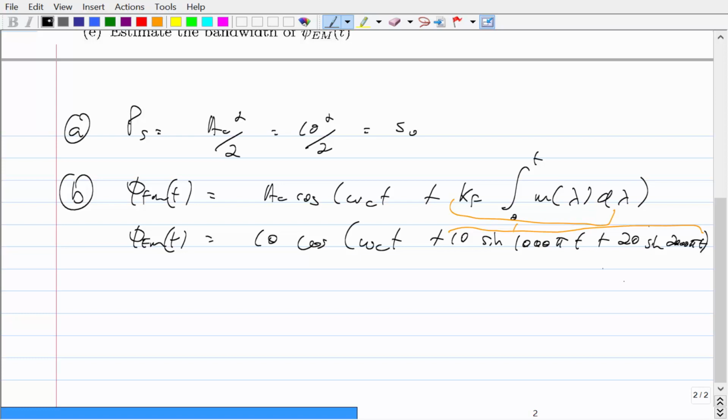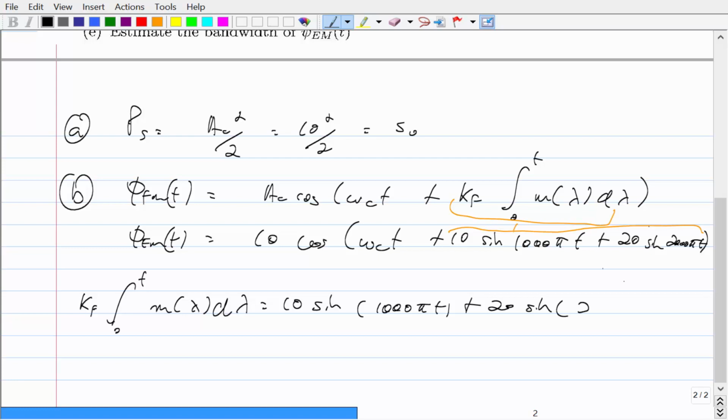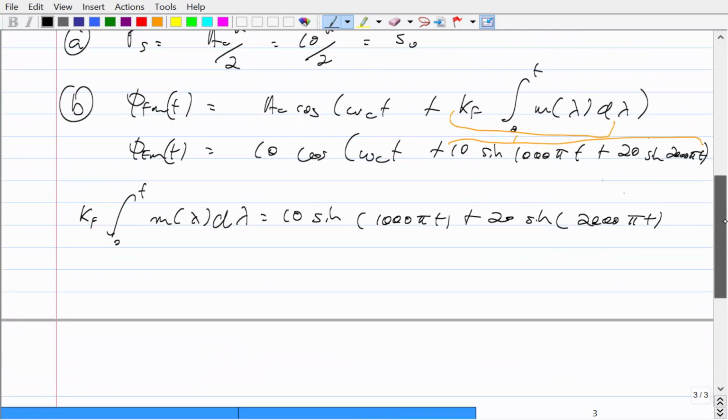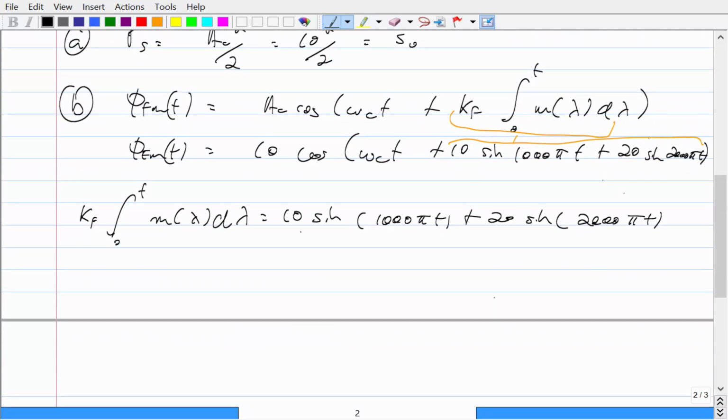Okay, so this means that k_f times the integral of m is equal to 10 sine 1000 pi t plus 20 sine 2000 pi t. I'm going to take a leap of faith here. If you take a look, you can see there is a common factor of 10.